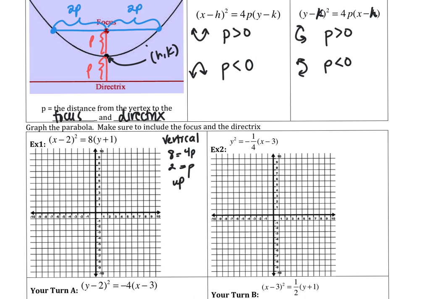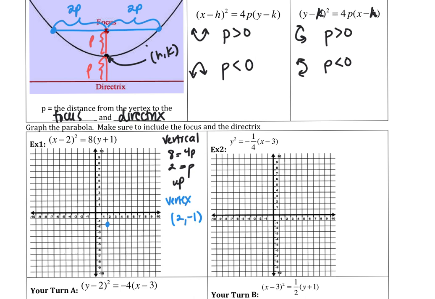And now I know the distance that I need to go from the vertex to find the directrix and the focus. Let's find out what the vertex is. The vertex in this problem is going to be at (2, -1). So I can go plot the vertex at 2 over, down 1.